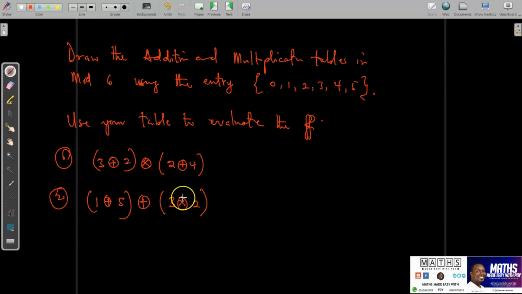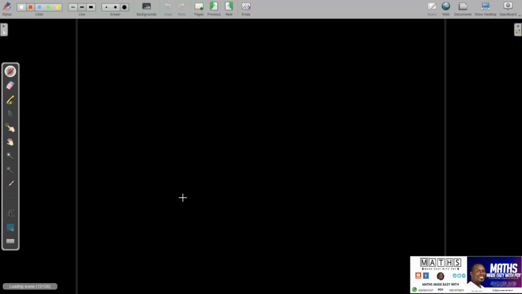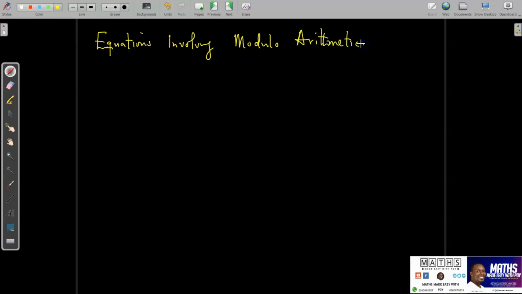So let's move forward. The next activity we want to consider right now is equations involving modular arithmetic. If I'm not able to finish it today, I'll continue, God willing, in our next meeting.